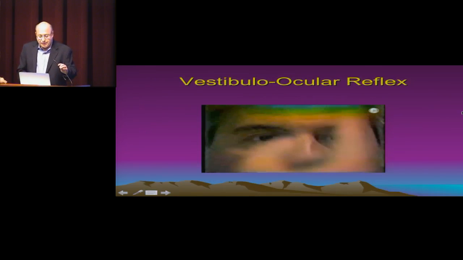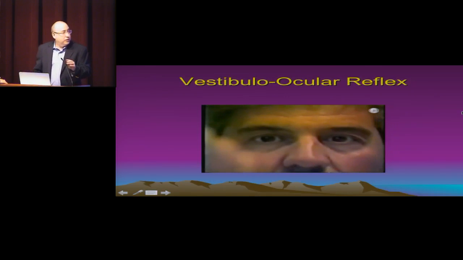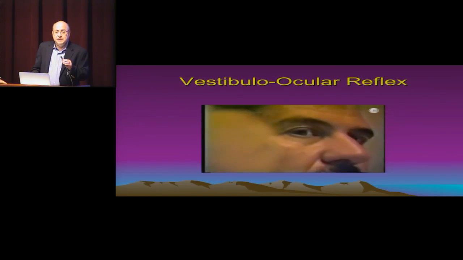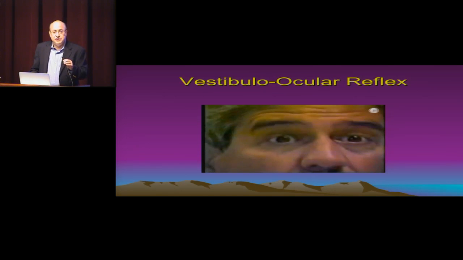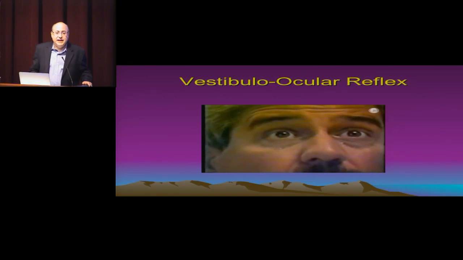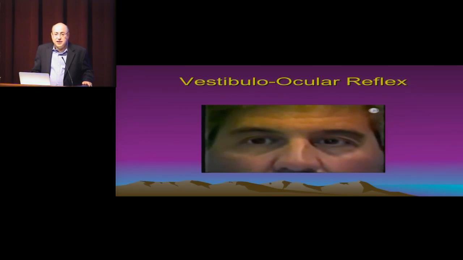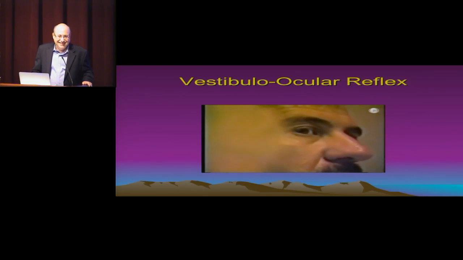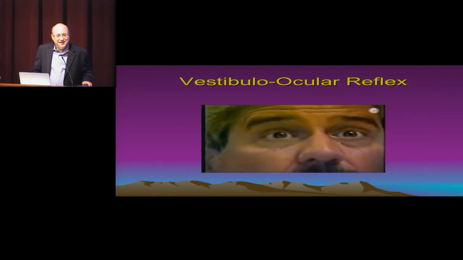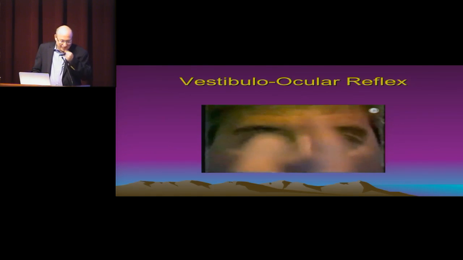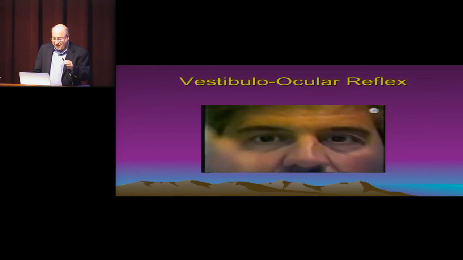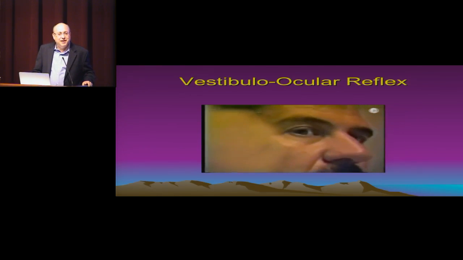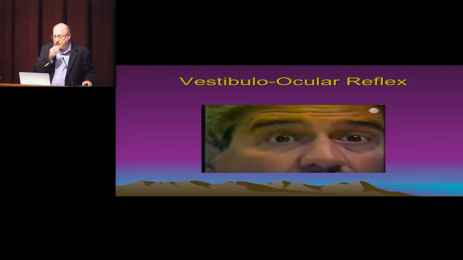Okay, so here we have a patient with Whipple's disease, who's got two features here that you can see. First of all, he can't look to the side. He can't look up. He can't look to the side voluntarily, but with Dahl's maneuver he can look to the side fine.